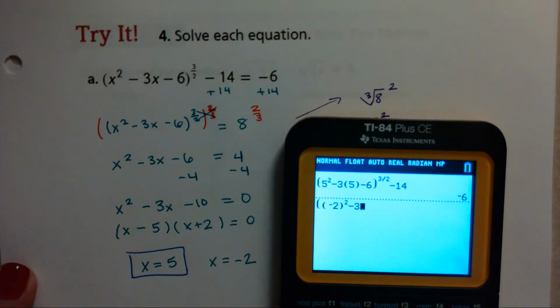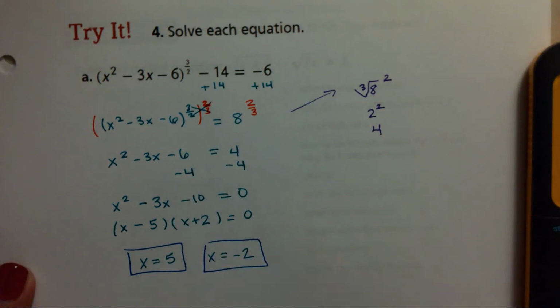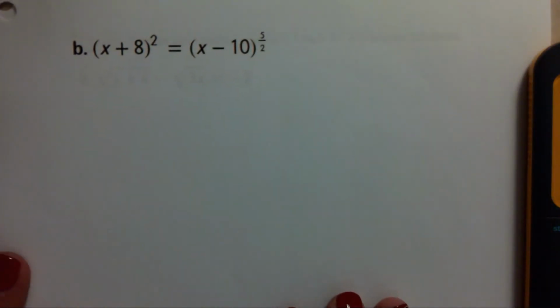Minus 3 times negative 2 minus 6, raised to the 3/2 power, minus 14 is negative 6. So that's what we needed, and so both of these are good solutions. Okay? And let's do another one.